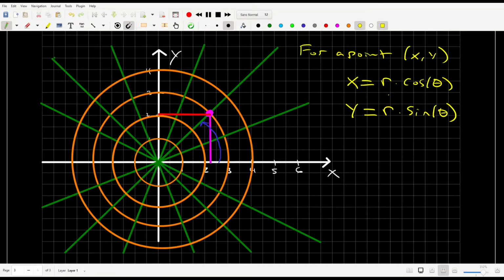So these are the transformation equations to get from polar coordinates. If you have a given angle theta and a given radius r, these equations will give you the x and y coordinates of the point.